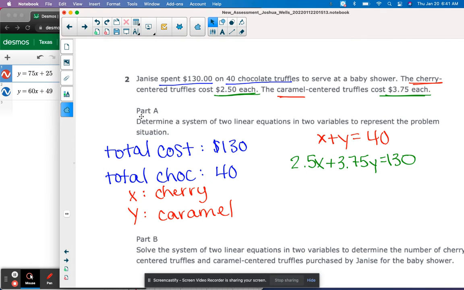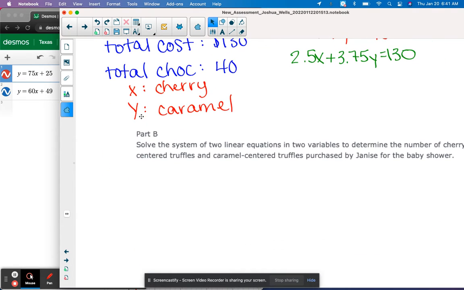And those are the two equations we can create for this scenario. Part B is asking us to solve them and figure out how many she purchased of each. So let's go ahead and solve these and then we'll type them into Desmos.